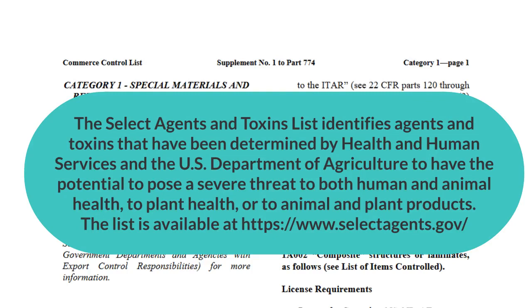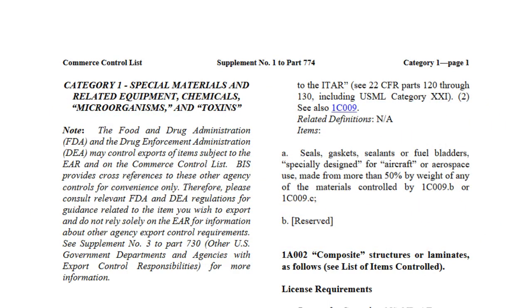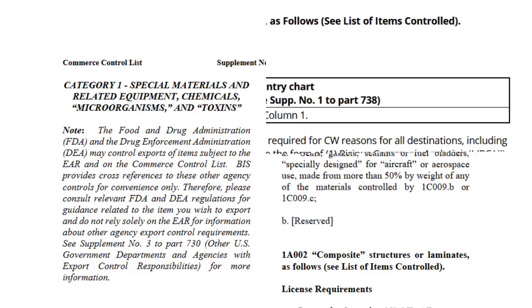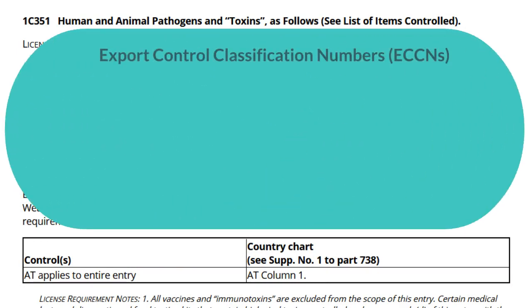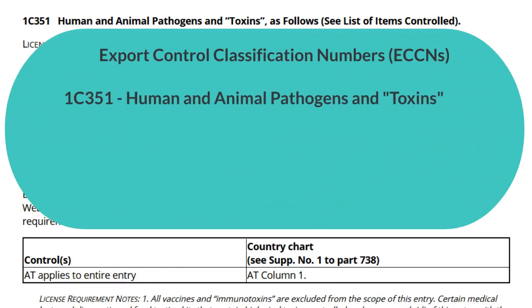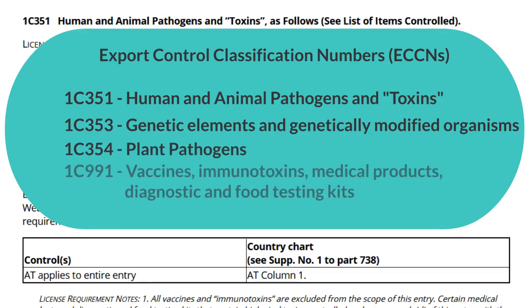No, the two lists serve different purposes, and while the items are similar, they do not completely correspond. In fact, the CCL has many more plant agents controlled than the Select Agents and Toxin list. When checking if a biological agent is listed on the CCL, start with Export Control Classification Number, the ECCN, 1C351. Most biological agents are described in ECCNs 1C351, 1C353, 1C354, and 1C991.